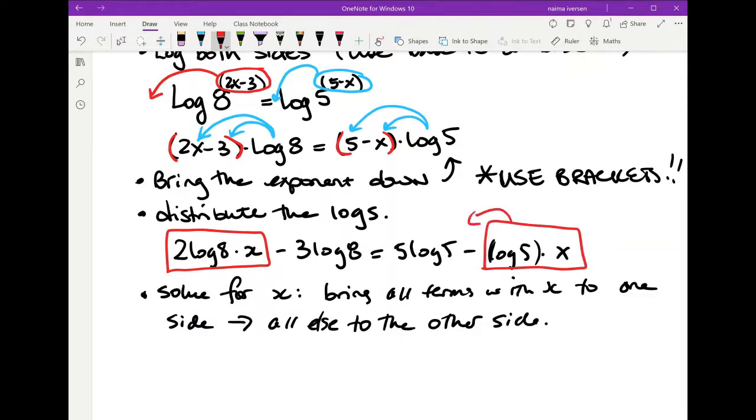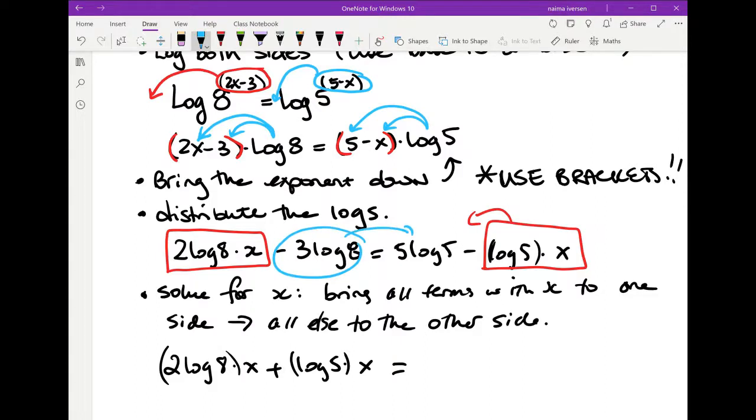So I'm going to add log 5 times x to both sides. So I get 2 log 8 times x plus log 5 times x. So these are just numbers that are in front of my x's, equals, and then I want this guy here to go to the other side. So if I want that guy to go to the other side, I've got 3 log 8 plus 5 log 5.